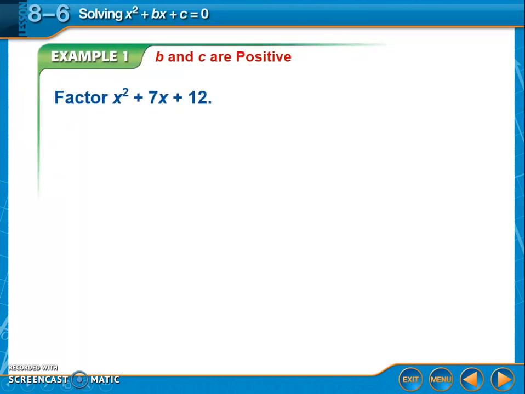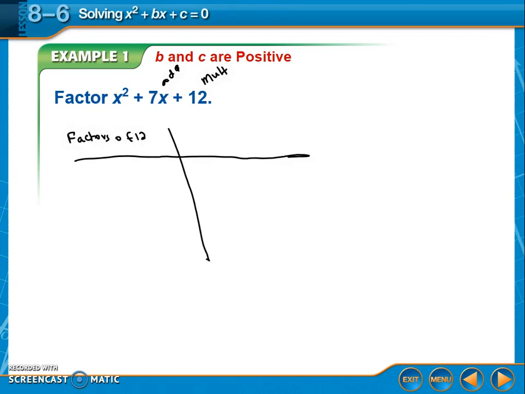So when I do this, remember, I want to multiply to this number and add to that number. In order to do this, I'm going to start by looking at the factors of 12. Some factors of 12 could be 1 and 12, 2 and 6, 3 and 4.